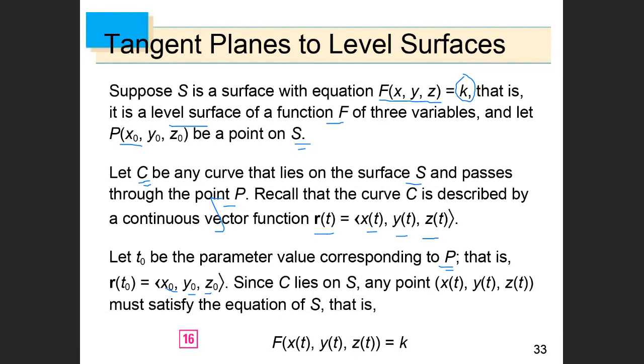Okay? Since C lies on S, any point with the following coordinates x(t), y(t), z(t) must satisfy the equation of S, that is f(x(t), y(t), z(t)) equals k. So you must satisfy the level surface equation.